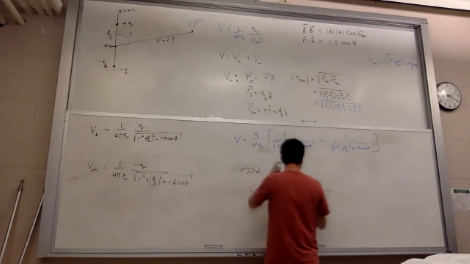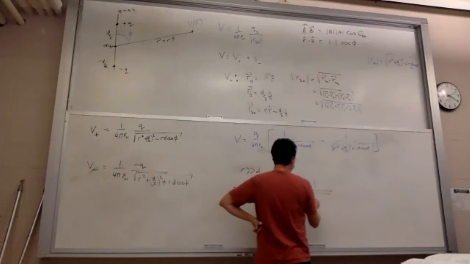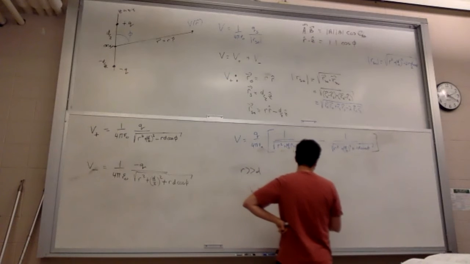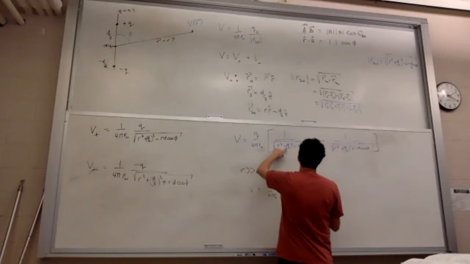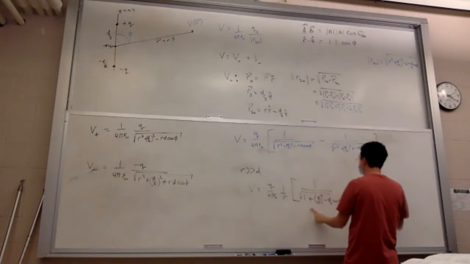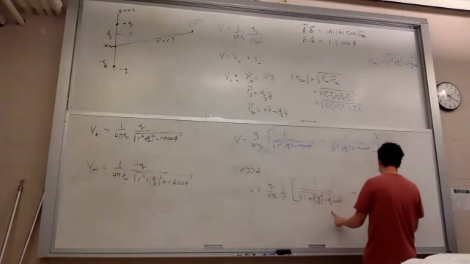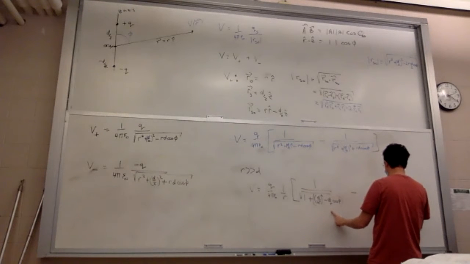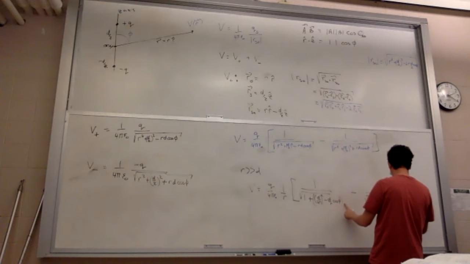And I get 1 over the square root of 1 plus D over R squared minus D over R times cosine of phi, minus the square root of 1 plus D over R squared plus D over R cosine phi.